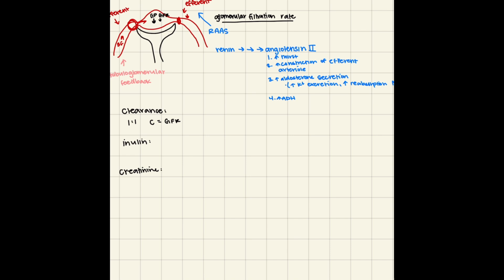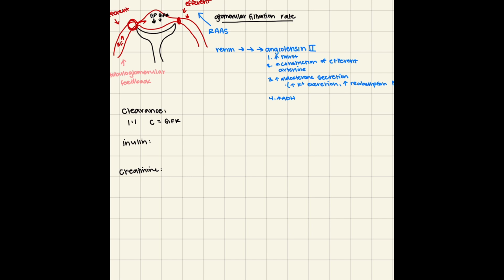We can just take your creatinine levels and find your glomerular filtration rate, because creatinine is excreted at the same exact amount that it is filtered. There's no reabsorption, there's no secretion. It's just filtered and then excreted. Although, if somebody's supplementing creatine, then that can mess up the glomerular filtration rate. So sometimes that's kind of hard.